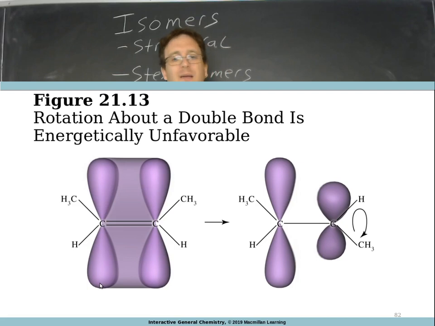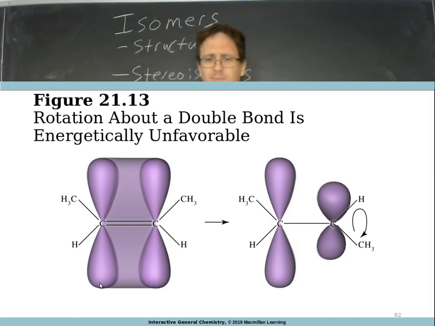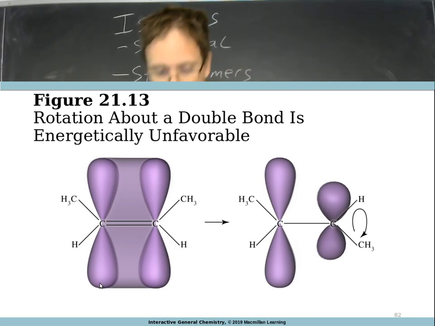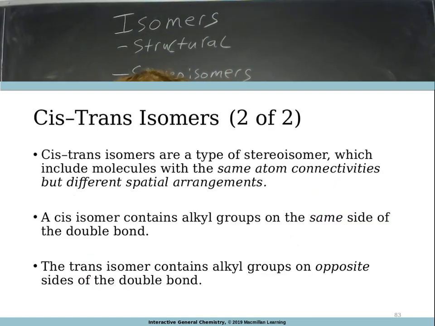That's not impossible, but it requires more energy than is readily available at room temperature. You would need to provide an energy input, and it would be a proper chemical reaction to twist around that double bond. So because you cannot rotate around double bonds, that introduces the possibility of cis-trans isomerization.